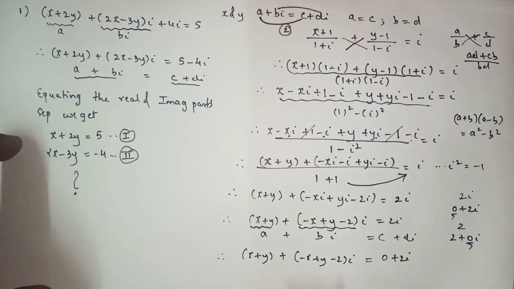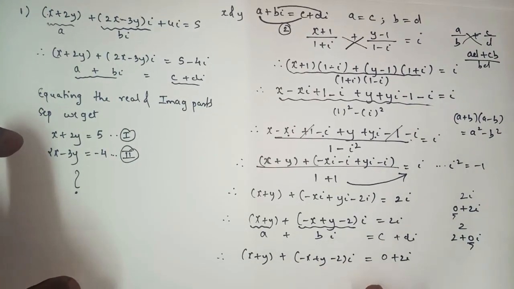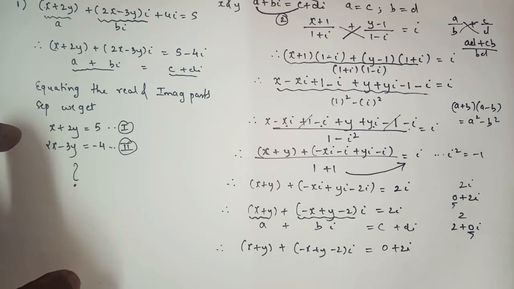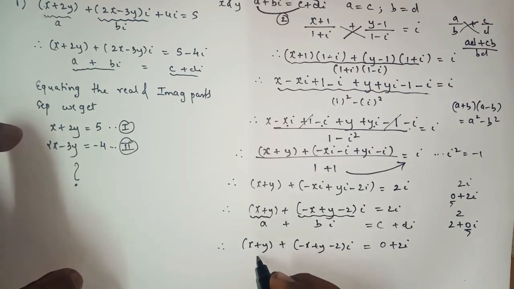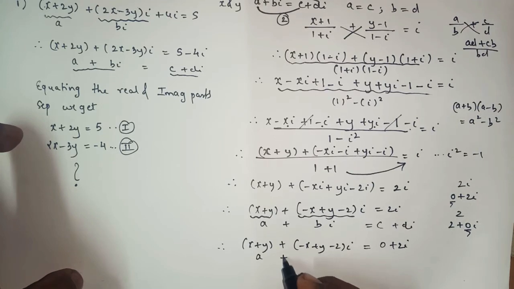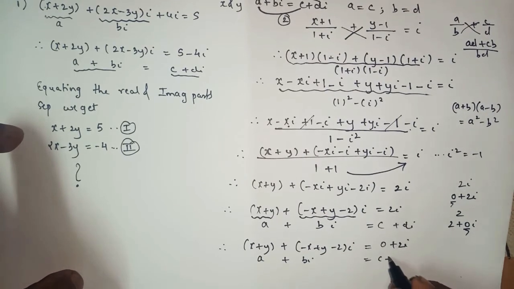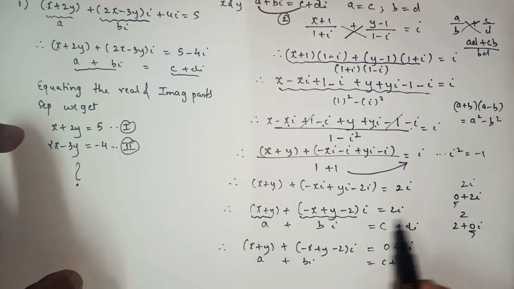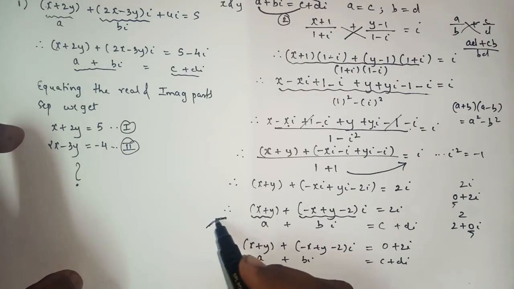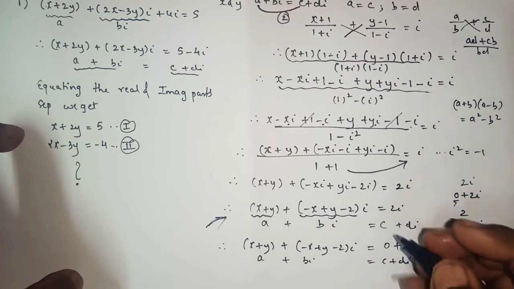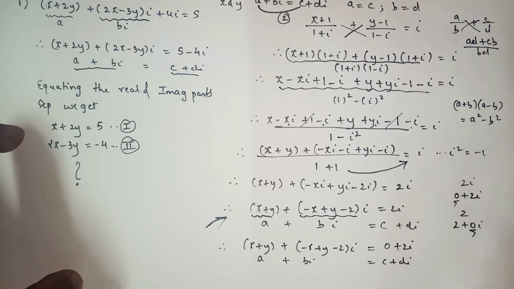Now easily we can equate the real and the imaginary parts. Clearly we can see that we converted this part as a plus bi equals c plus di. I hope you all understood this step. Here only 2i was there, c was absent, so in place of c the coefficient will be 0.